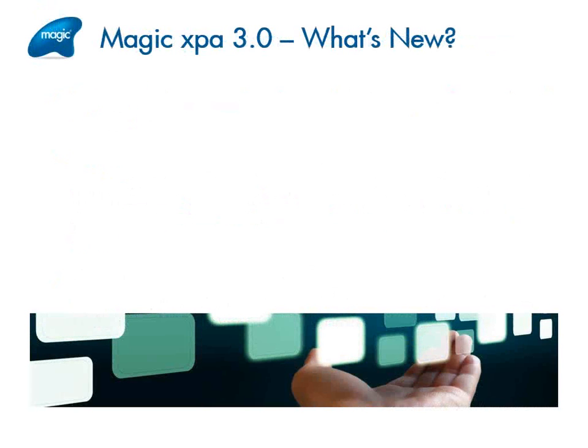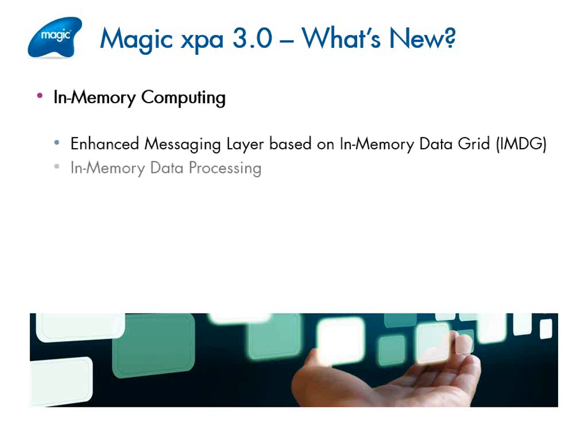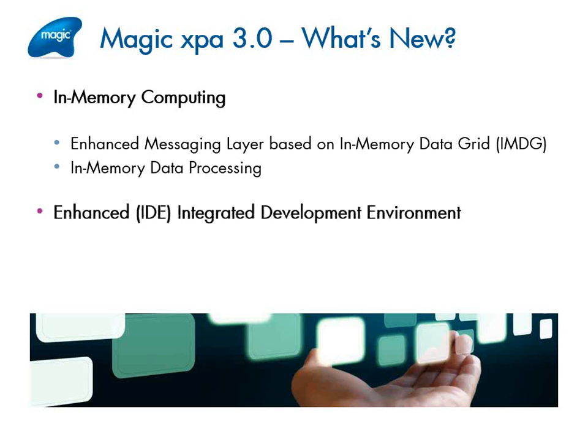So, what's new in XPA 3? We've implemented in-memory computing, meaning that we have an enhanced messaging layer based on IMDG. We're very proud of it. And we obviously have the ability now to do in-memory data processing. We are, I think, capable and ready for big data, fast data, and we're quite proud of it, especially as some of our customers are actually starting to use it. Enhanced integrated development environment.